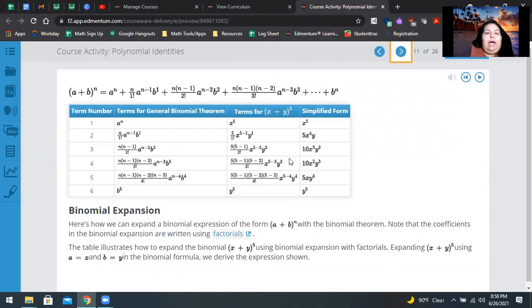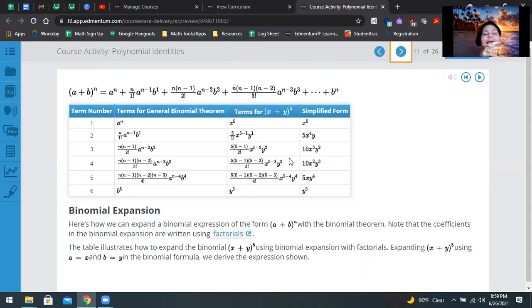So on slide 11, like I said, it's not very pretty to look at, but there is a pattern to expanding. We do have our a and b, where a is the first term and b is our second term, and it's raised to the n power.